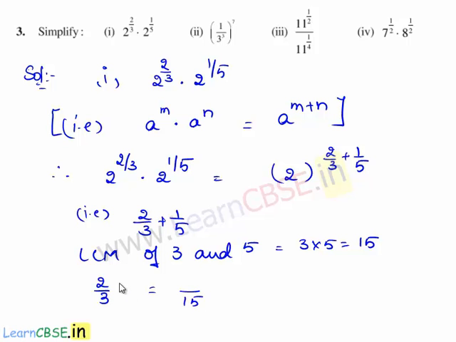So for this, we multiply 2 by 3 with 5 on both the numerator and denominator. So we get 2 times 5 is 10 by 3 times 5 is 15. Now let us also convert 1 by 5 into its equivalent rational number by multiplying with 3 on both the numerator and denominator. This gives 1 times 3 is 3 by 5 times 3 is 15.